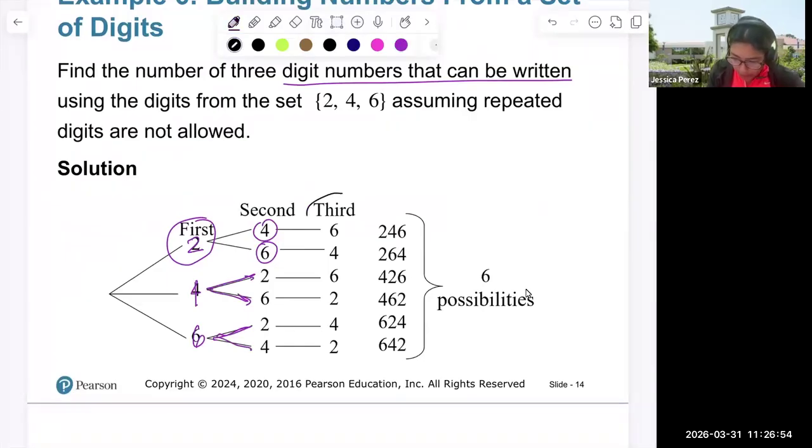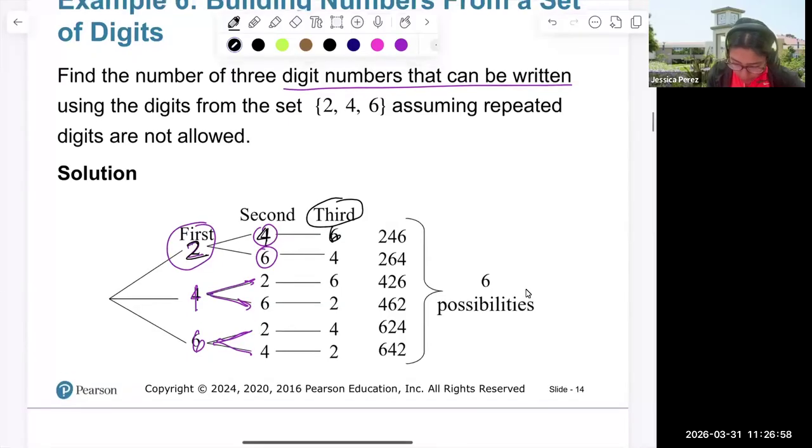So the third option, it's either 2, 4, 6, or 2, 6, 4, or if you're 4, then you can choose 2 and then 6, or 4 and then 6 and then 2, 6 and then 2 and then 4, 6, 4, or 2.